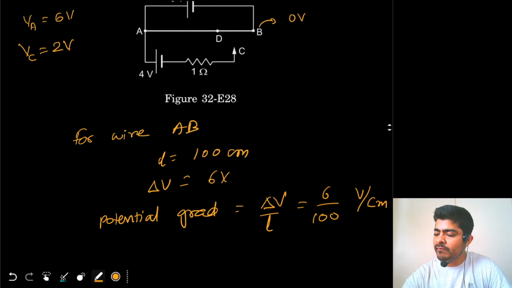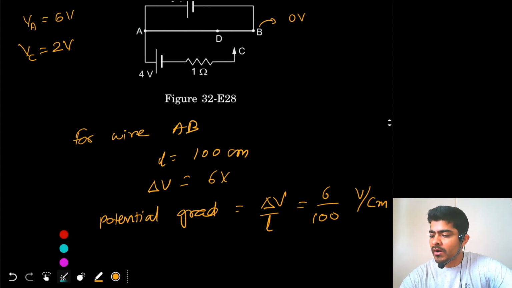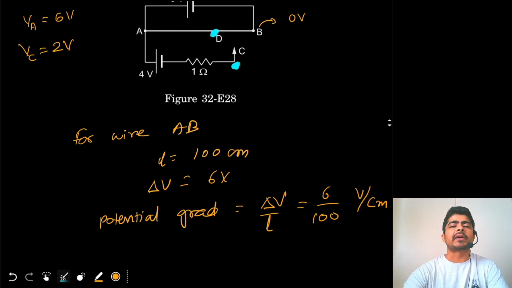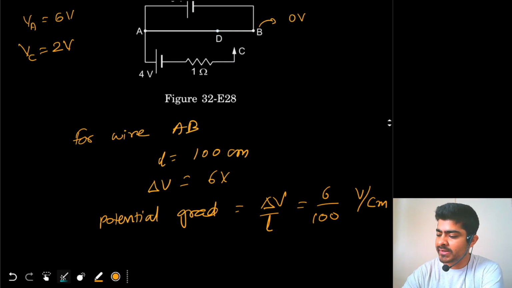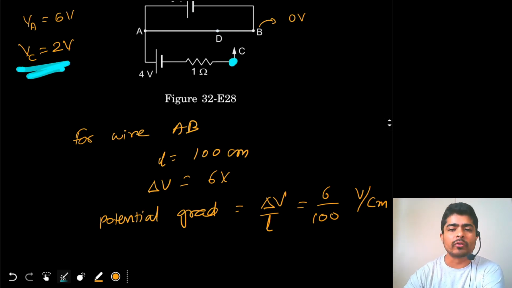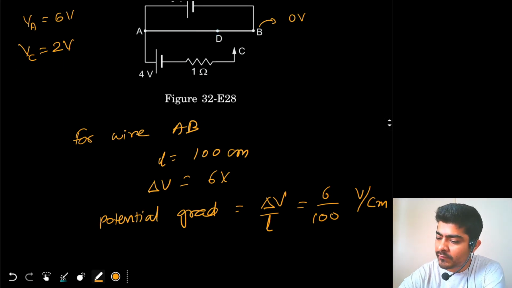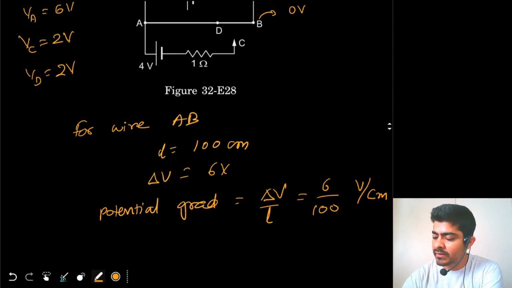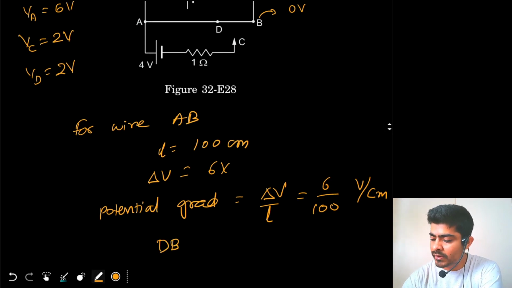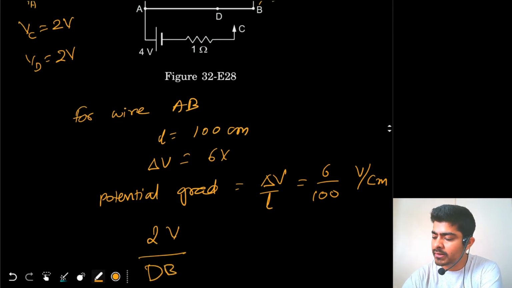Now they are asking what should be the point D. Okay, so that point D and point C have same potential. Point C has potential 2 volt, that means point D also has potential 2 volt. Okay, VD equal to again 2 volt, right? So dB, 2 volt divided by dB should be equal to 6 volt divided by 100 centimeter.